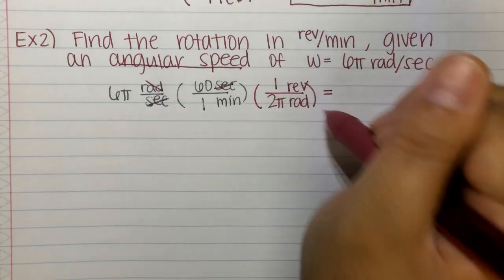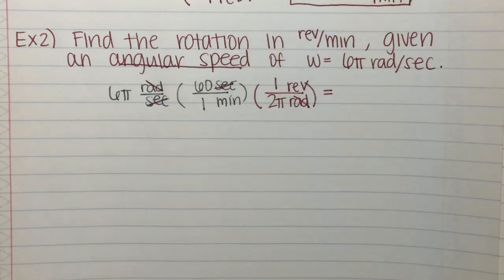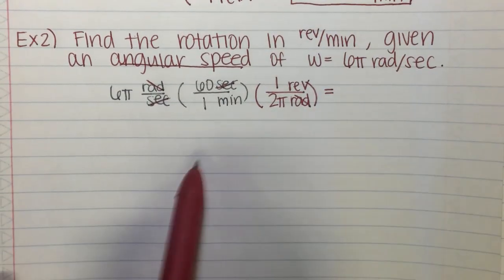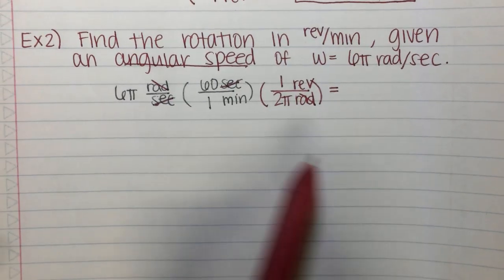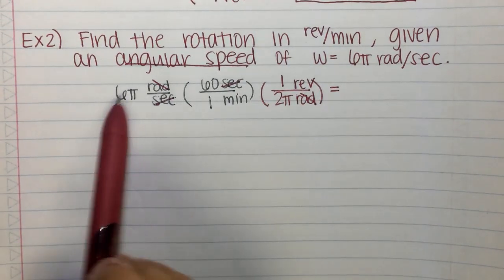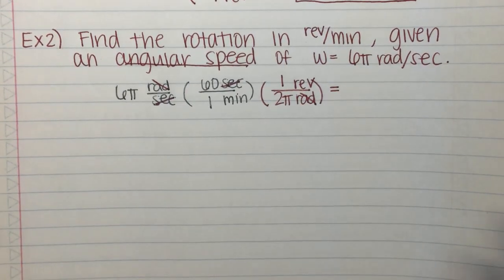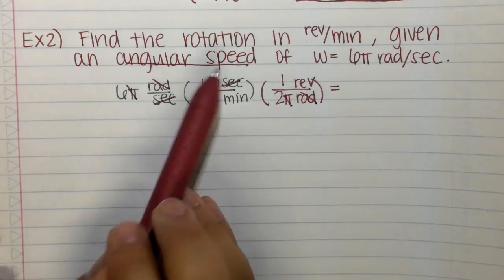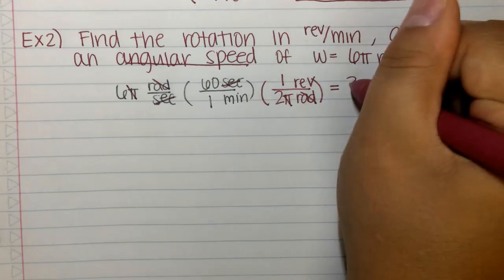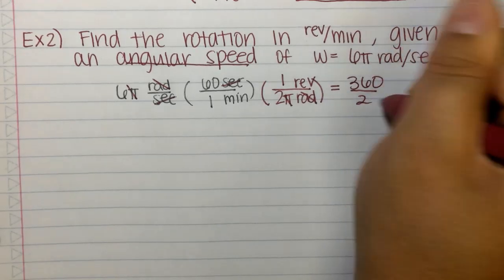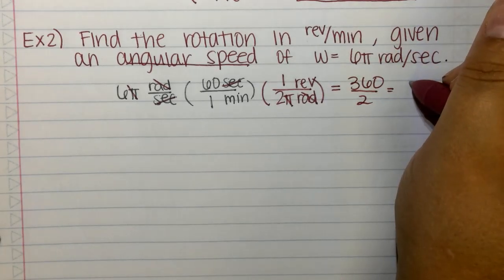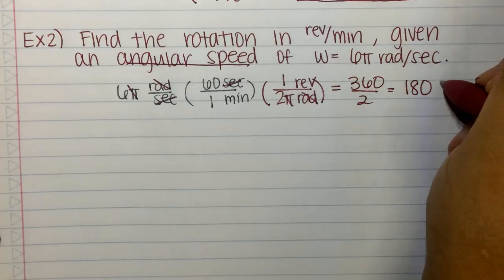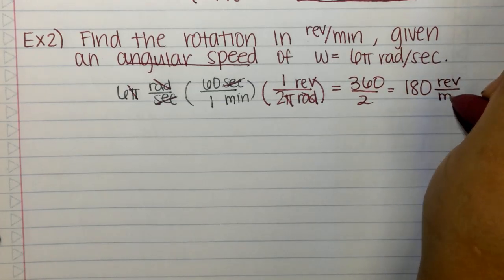Now I can cross out radians. Am I left with revs per minute? Yep. This one's a little working backwards, but it's still the same process. The pi's cancel. So what is 6 times 60? 360 divided by 2. So it's 180 revs per minute.